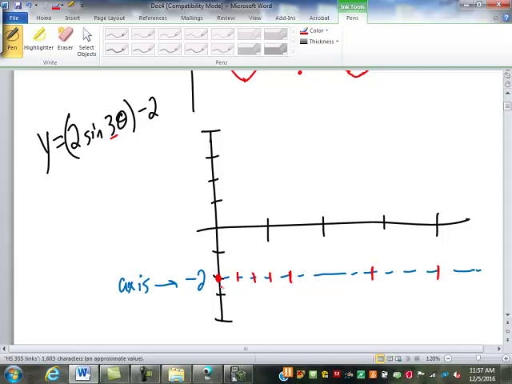Sine starts at 0. What's its amplitude going to be? Amplitude is just the height. Instead of going up 1, it's going to go up to 2. So from -2, it goes up to 0, back down to -2, down to -4, back up to -2.